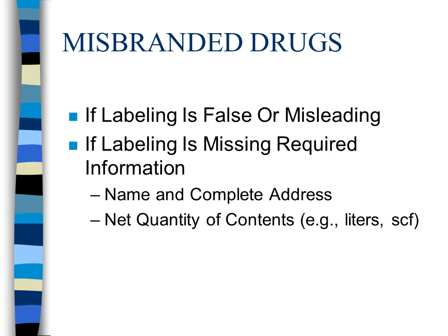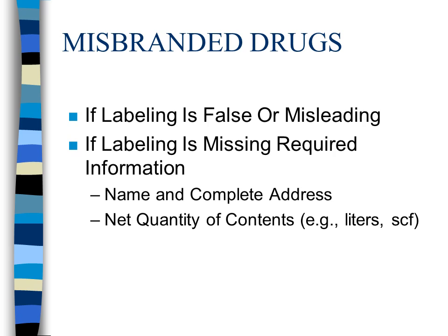If your labeling is missing the required information. Now, labeling and labels. Remember, labeling is the additional material that's placed upon the drug or drug container. The label itself has to have the complete name and address of the manufacturer of that drug.